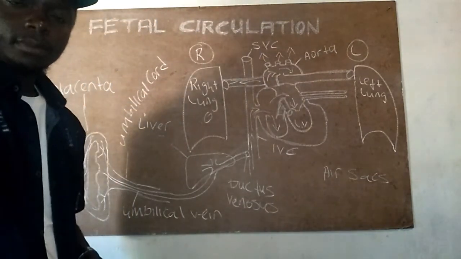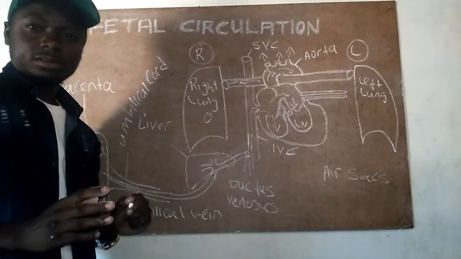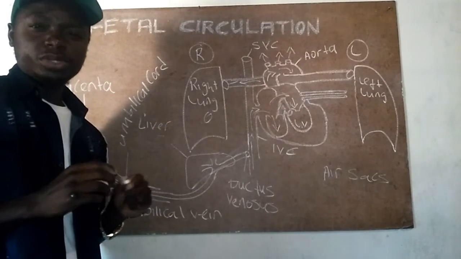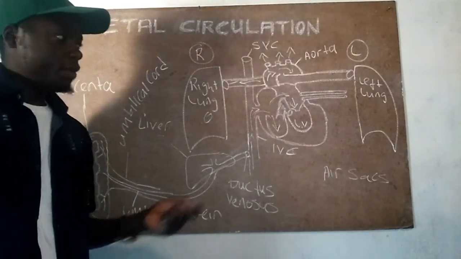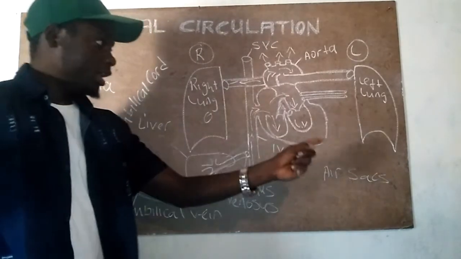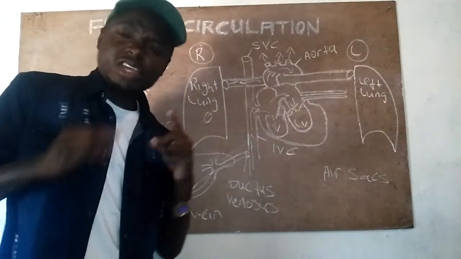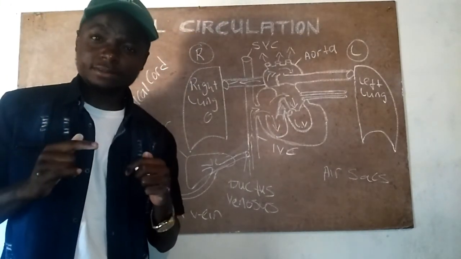But because of that pressure, God had a purpose, and he knew that this would bring a lot of complications in the baby. The pressure which is coming from the lungs. He created this. This is what we call the Ductus Arteriosus.